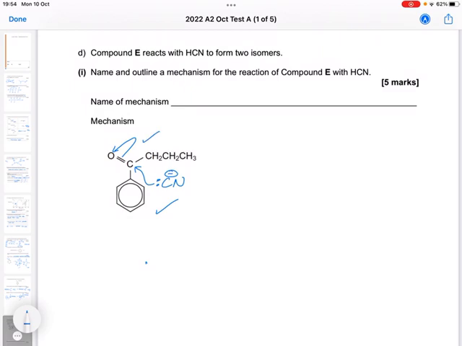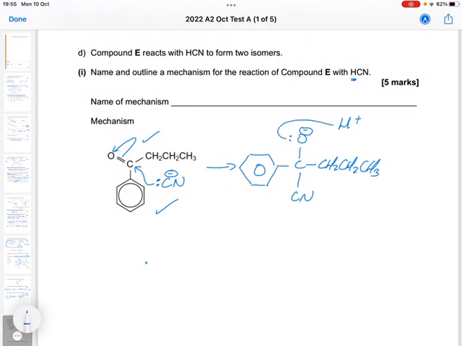And then I've got my intermediate, so let's do the oxygen there. CH2, CH2, CH3. Cyanide down here. And then benzene over here. And then this is with a H+. Remember, it's only the hydride that uses water.